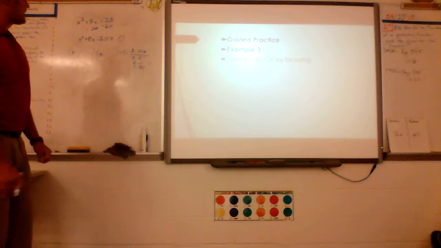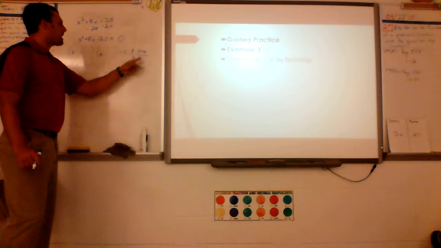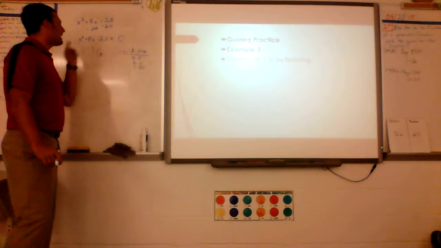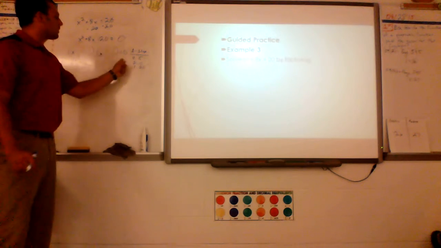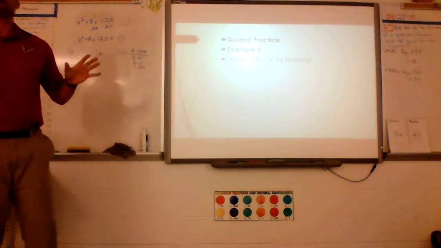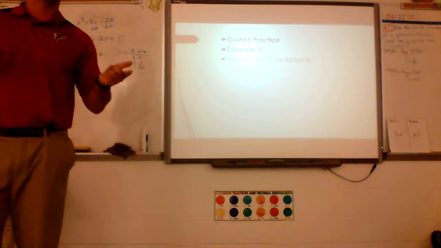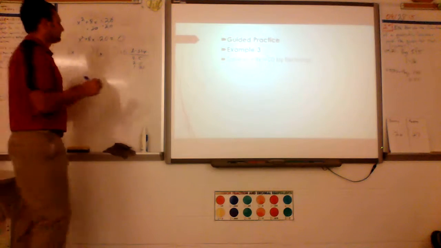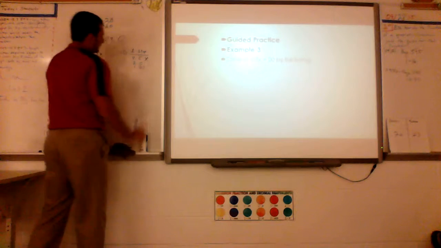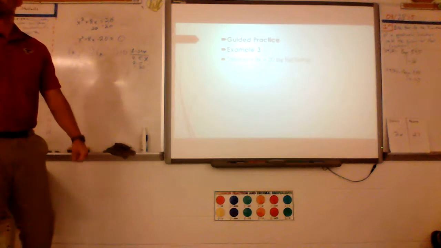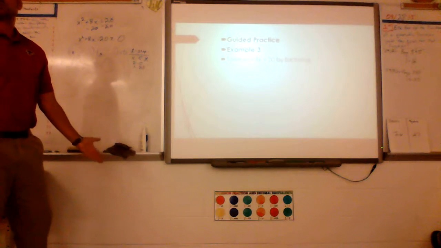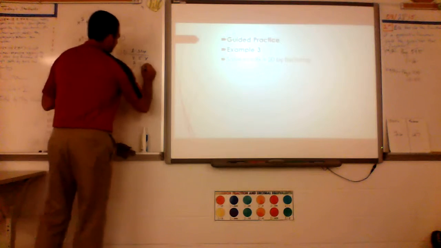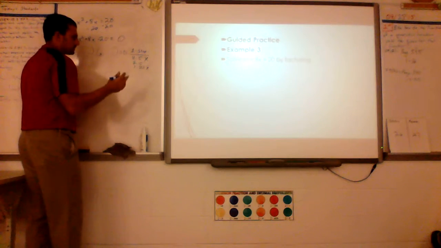Now I got to figure out which one of these, when I combine them, can give me positive 8. Do 4 and 5 combine any way to give me 8? What's 4 plus 5? 9. What's 4 minus 5? What's 1 plus 20? 21. What's 20 minus 1? So we know those aren't right.